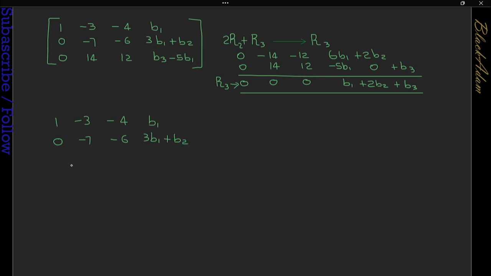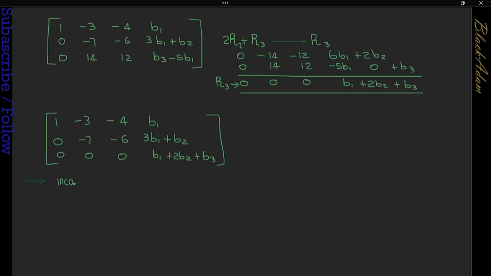Then we have 0, 0, 0, and b1 plus 2b2 plus b3. So that's our final matrix. We can see that the third row is 0, but we still have b1 plus 2b2 plus b3.